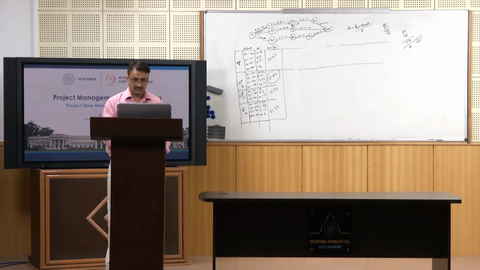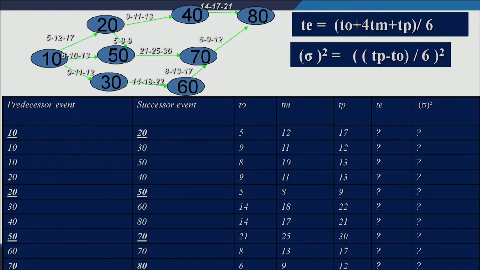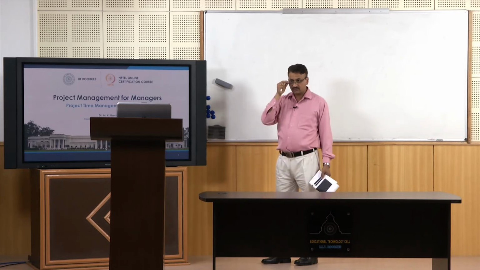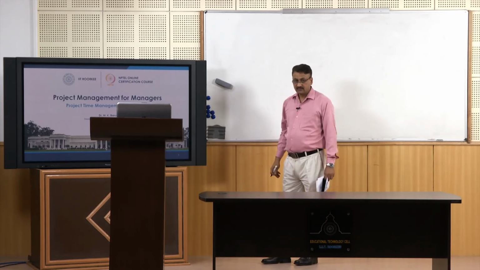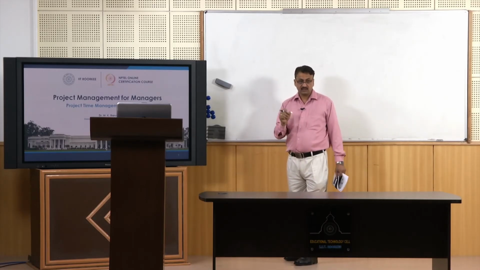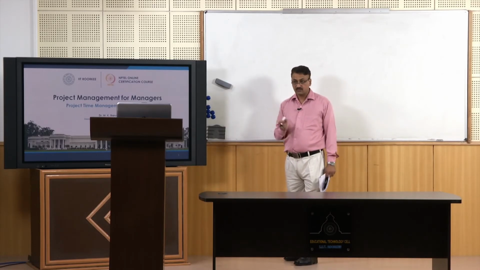First of all, for this particular network, try to find out the critical path, and then after finding the critical path you need to find the variance along it. So let us try to solve this question. This is a question having 8 nodes, and we have to find out the variance along the critical path. So first of all you need to find out the critical path, right.